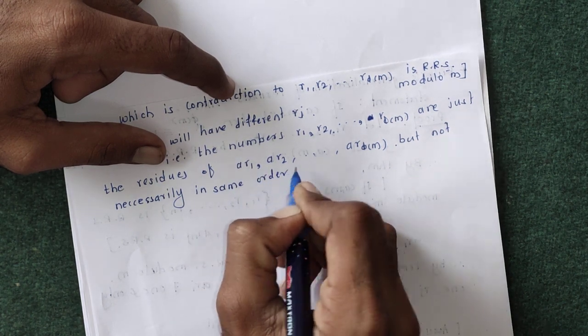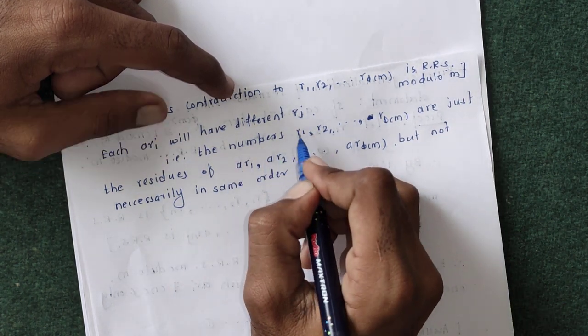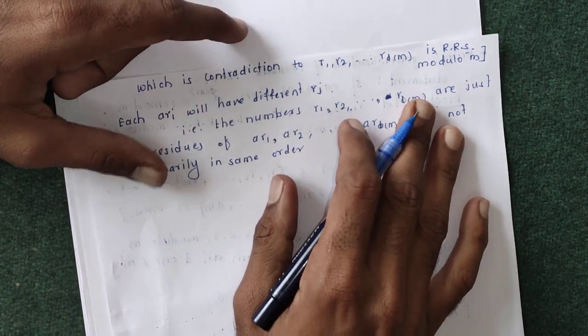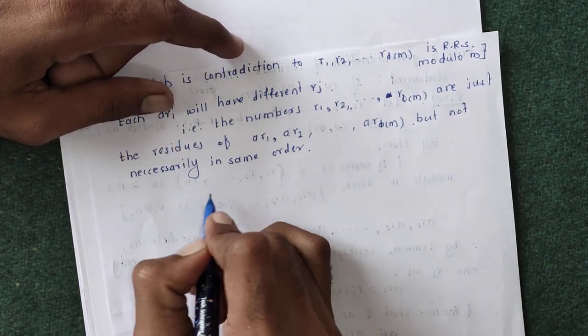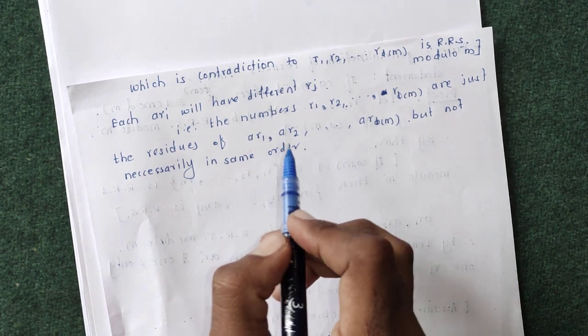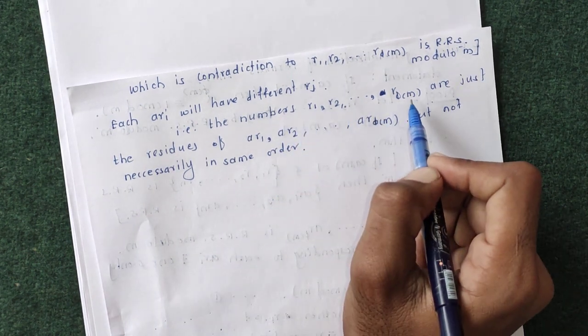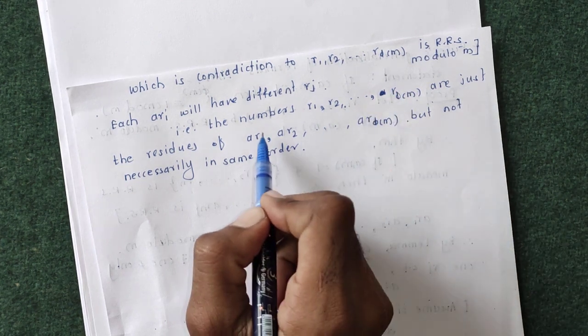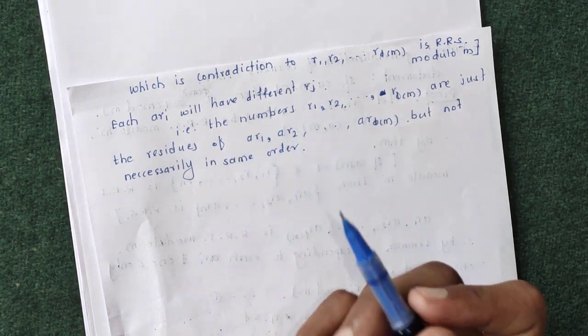Meaning we can't say that ar1 is congruent to r1 modulo m; they are in any order, not necessarily the same order. So we get r1, r2 up to r phi of m as residues whenever we divide ar1, ar2 up to ar phi of m by m.